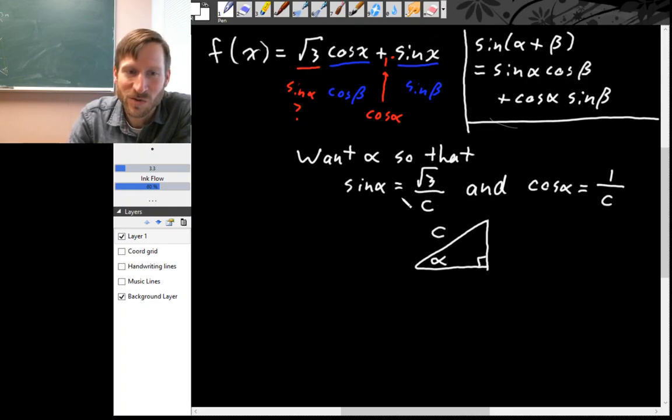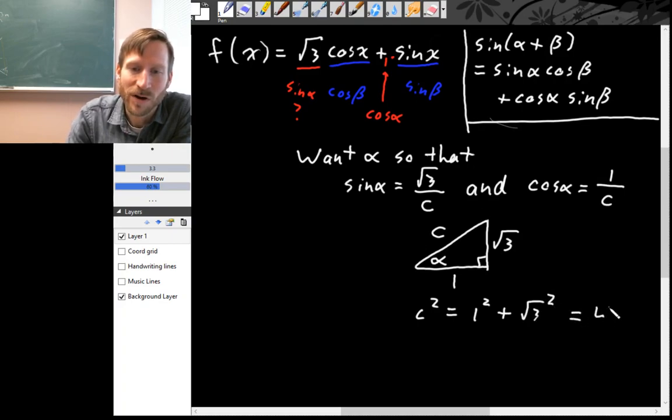And in this first equation, the sine equation, square root of 3 is playing the role of the opposite side. And in our second equation with cosine, 1 is playing the role of the adjacent side. And this right triangle tells us what c has to be. c squared is 1 squared plus the square root of 3 squared.